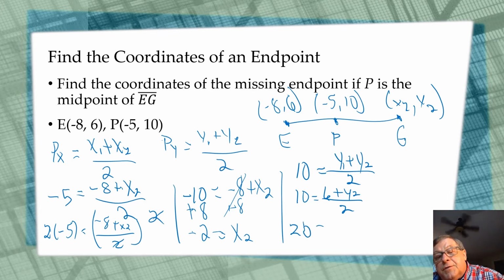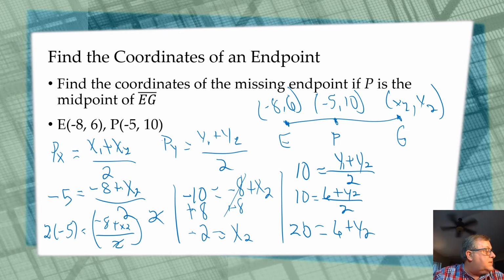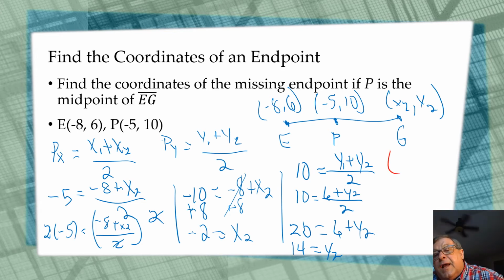On the right side, the 2 in the denominator is going to cancel out. And so we got 6 plus Y2. And let's subtract 6 from both sides. And when we do, 20 minus 6 is 14. And that's going to be equal to the Y2 coordinate for G. And so then our answer is G is going to equal the ordered pair -2, 14. Shazam.